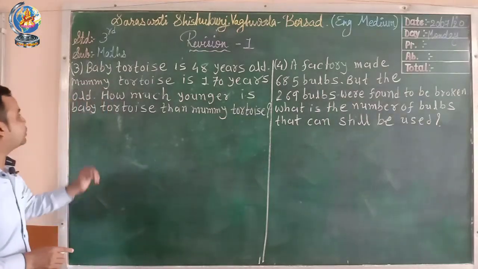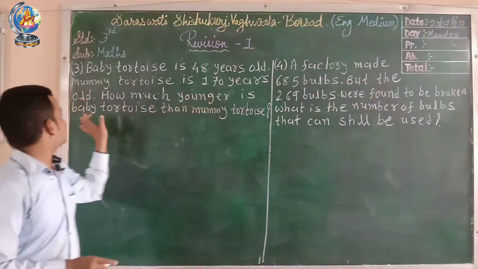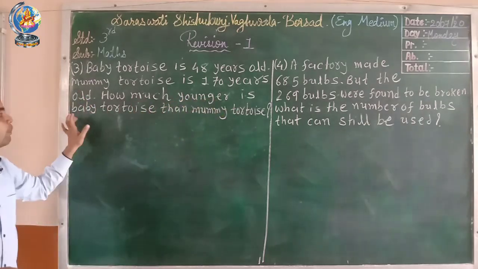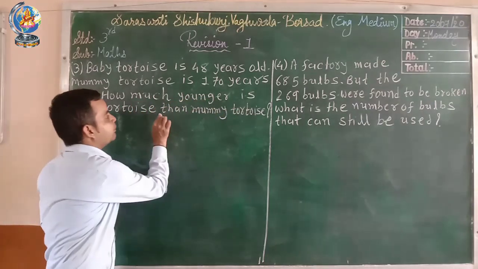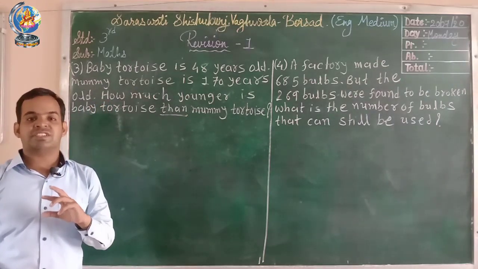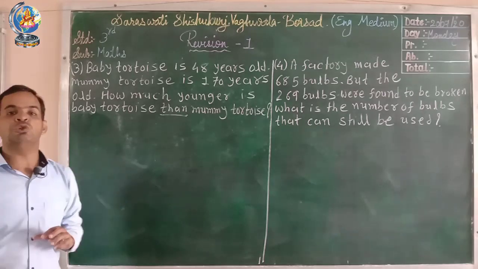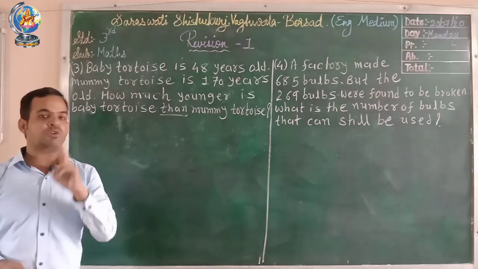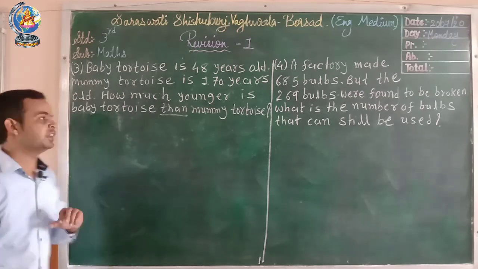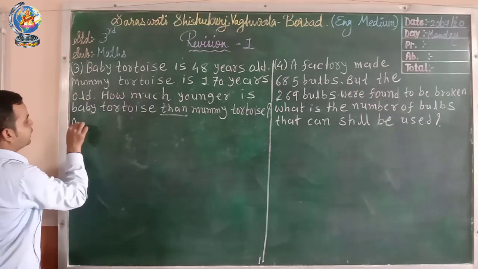If you observe, how much younger is baby tortoise means we have to find the difference between ages. So we have to do subtraction, right? Here two things are given and we have to find their difference. So how can we write our answer?